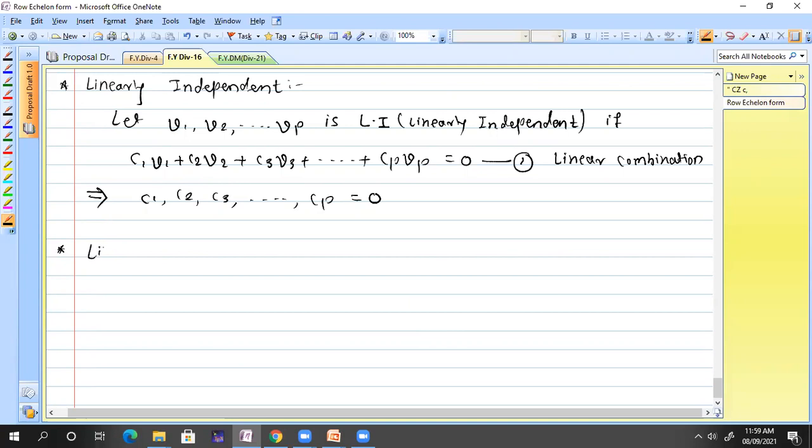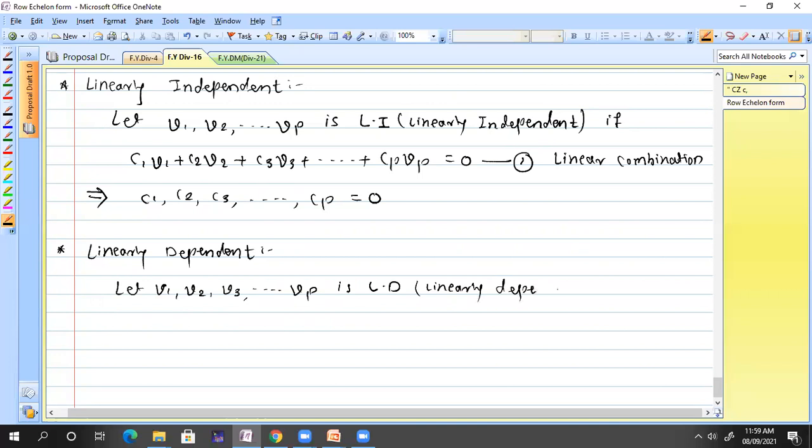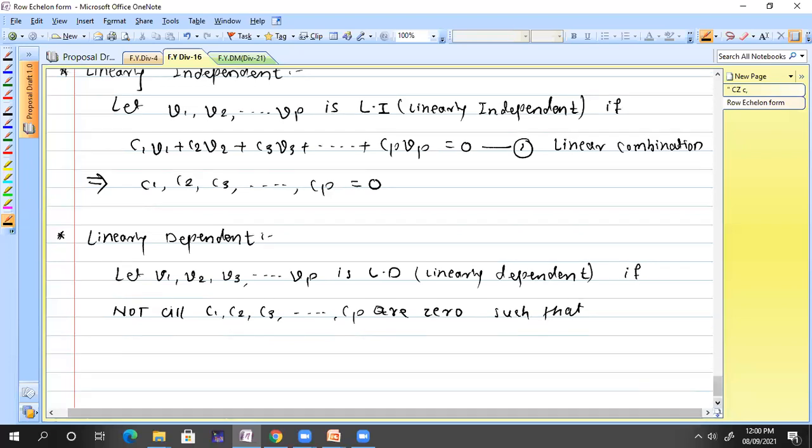Now, linearly dependent. Let again the vectors v1, v2, v3 up to vp be linearly dependent, LD, if not all of C1, C2, C3 up to Cp are 0, such that the linear combination is 0.